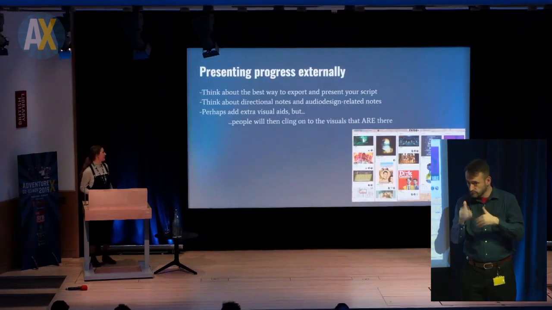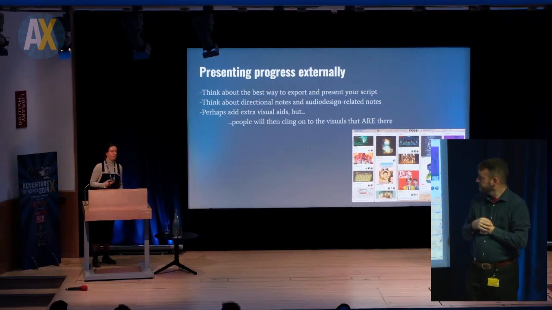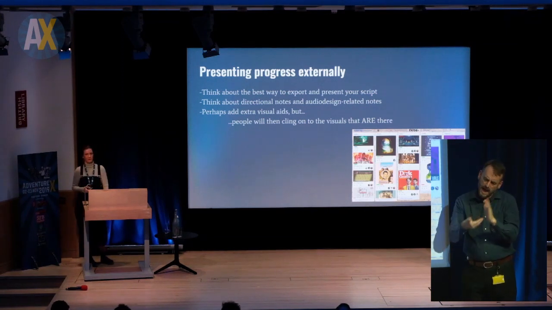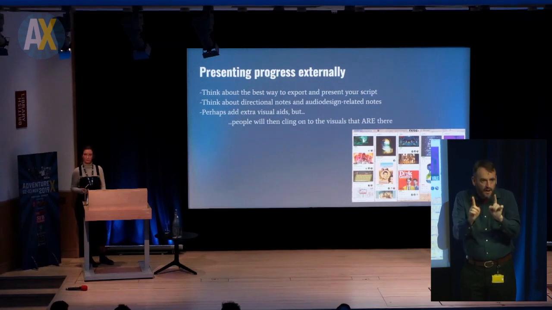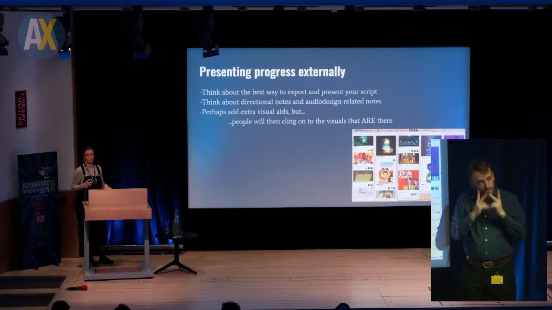And perhaps add some extra visual aids, but be aware people will then cling on to the visuals that are there. We live in a visual media world, so they will definitely cling on to every little visual thing, even if it's mock-up, temporary, or something that you just use to explain something. So be aware that that could happen.